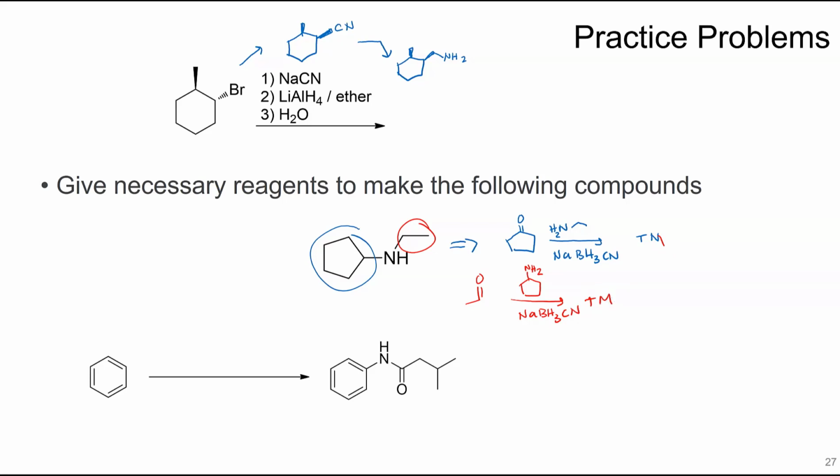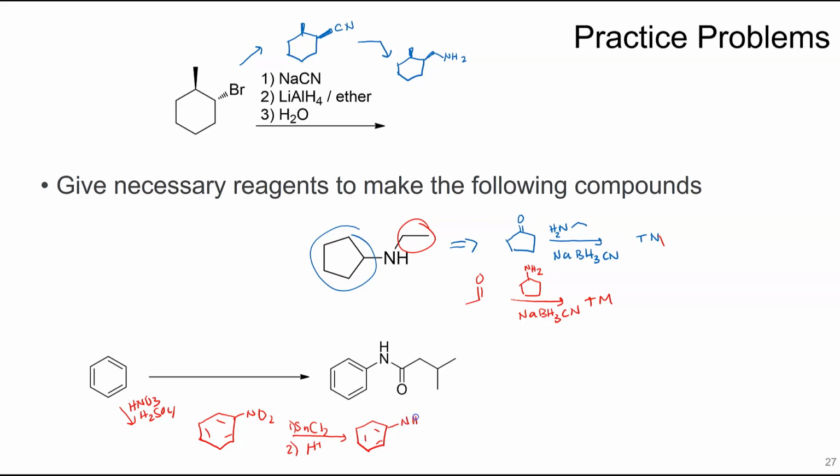All right, this other synthesis will be a little bit more involved. Here we're forming an amide, so I'm going to go through a nitrogen. I need a nitro group here first. So I will start with HNO3, H2SO4, which will give me NO2. I'm going to reduce that using tin chloride.